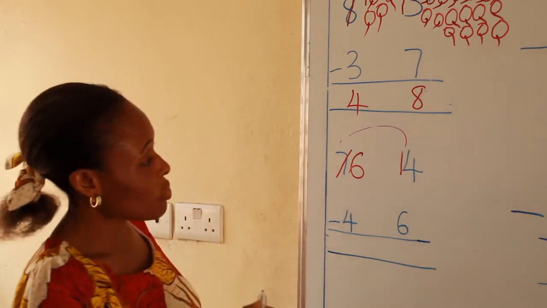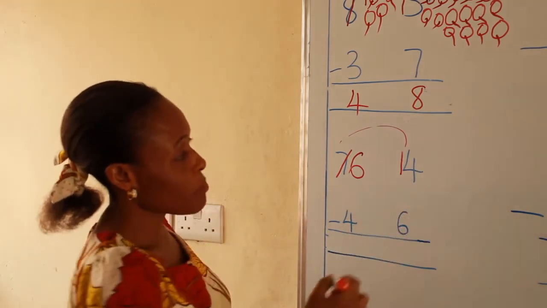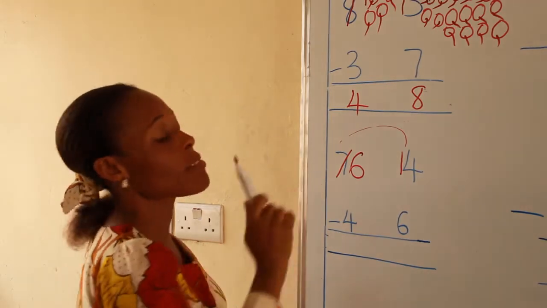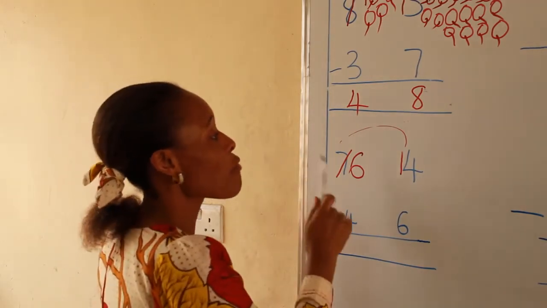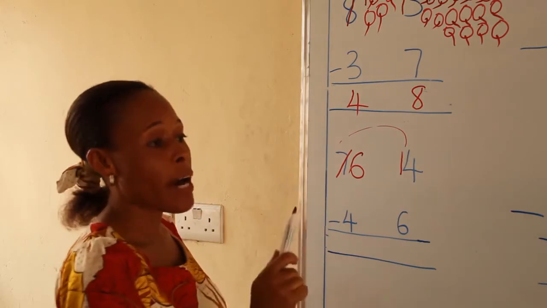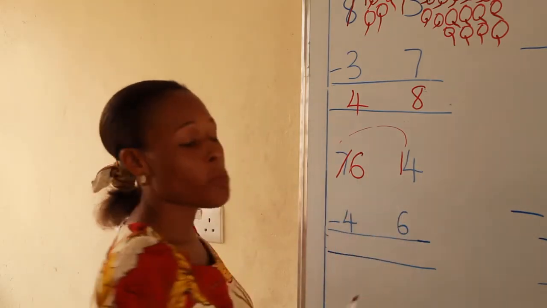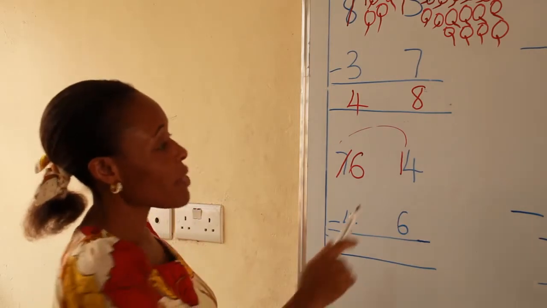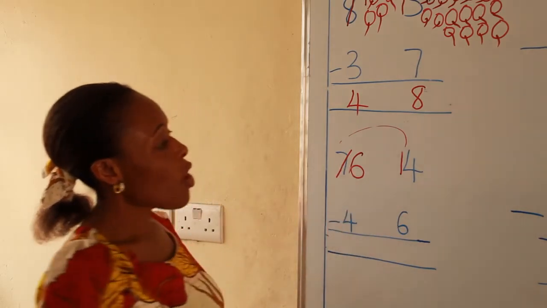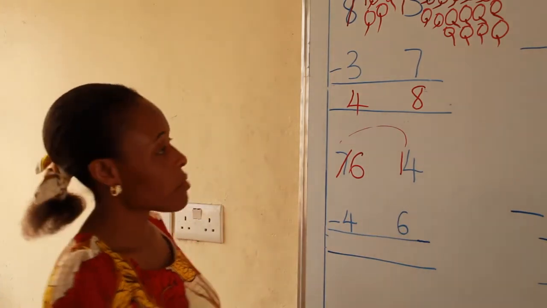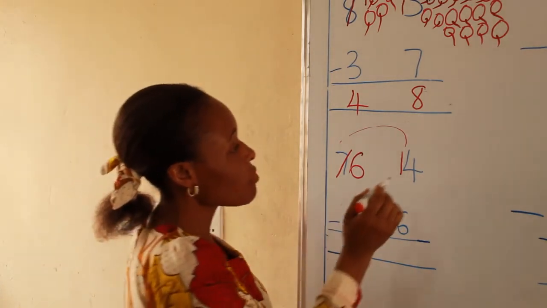So we have here now number what? 14. So children, number 4 has become number 14 because the one number you borrow is 10. The one number you borrow from this big number has become 10. So when you add number 10 to 4, it becomes 14. So now it is 14. All you need to do is count out 14 counters. Let's draw out our 14 counters.